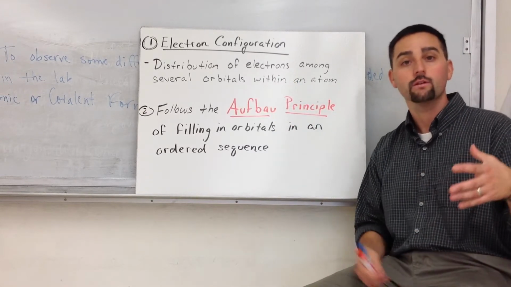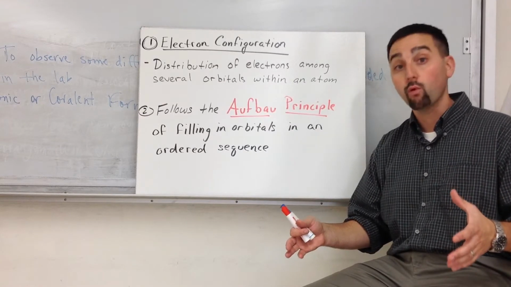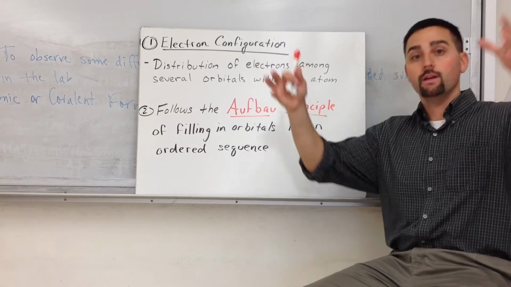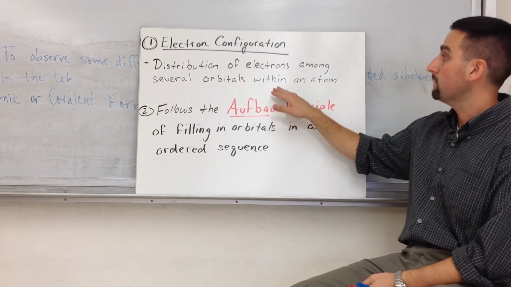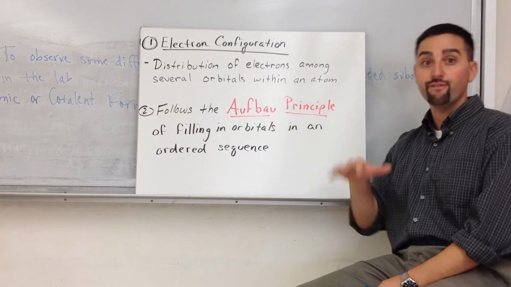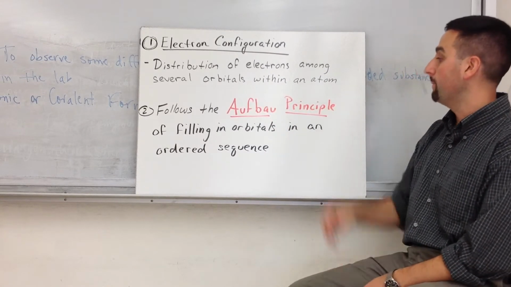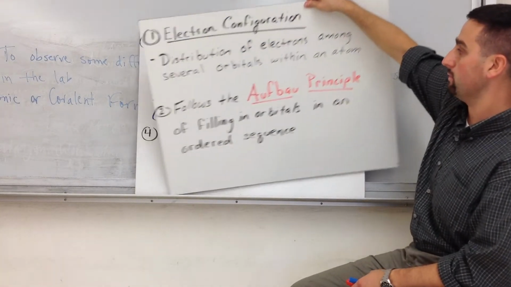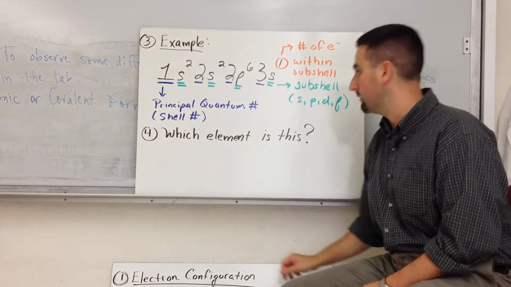A contractor will dig the foundation, pour the foundation, then frame the house, and so on and so forth, and they will build their way up. Orbitals fill in at the lowest level and build their way up. And there's an ordered sequence here to the Aufbau principle. That's a fun word to say, Aufbau, right?